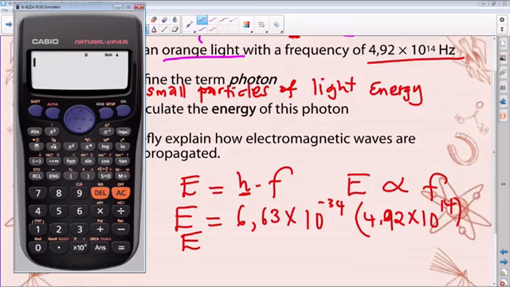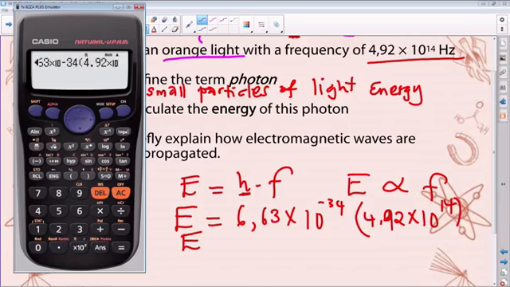Then what do we have? The Planck's constant, 6.63. Then this is the key that we use to show that we want to use the scientific notation. It's the negative sign, not the other negative, 34. We multiply that. We can open brackets as I've done in my substitution, 4,92 times 10 exponent positive 14. We close the bracket, right?